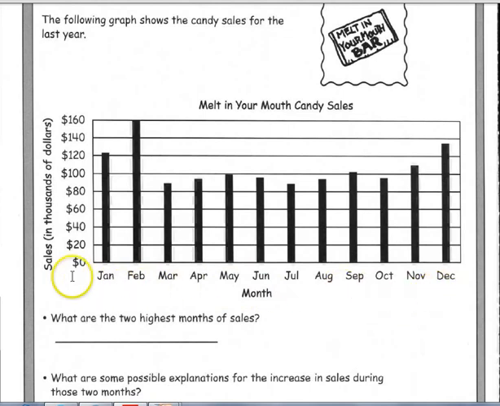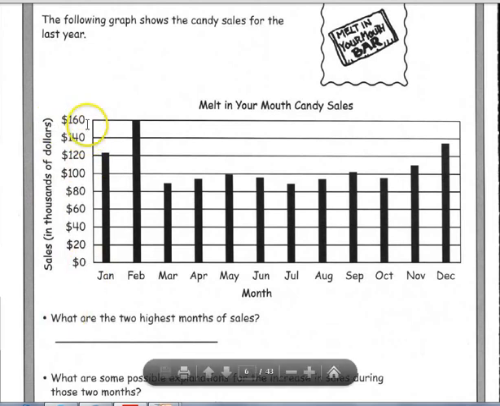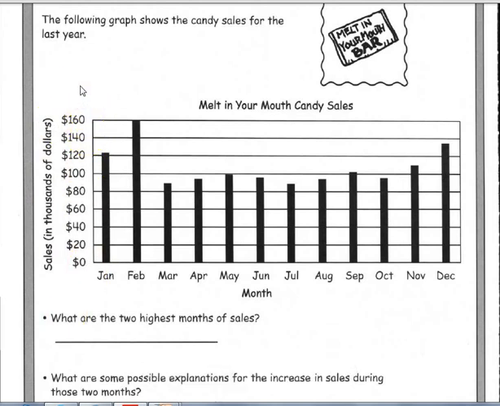So we have one calendar year. And then on the y-axis, we have sales, and it's in thousands of dollars, from 0 all the way up to $160,000. So we're going to answer a couple of questions using this bar graph.